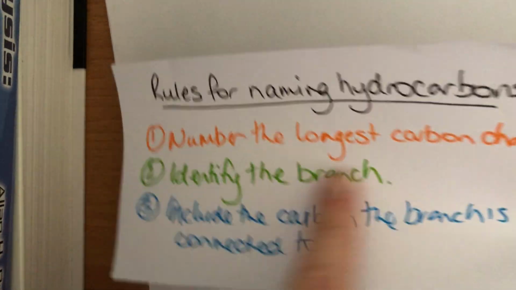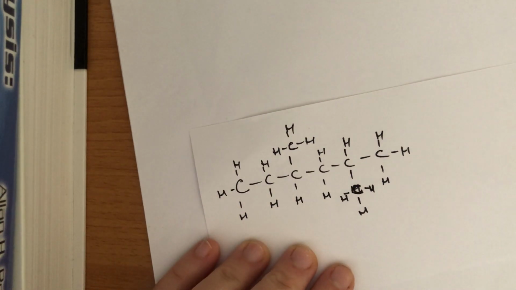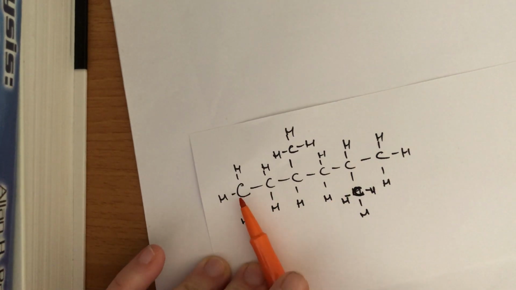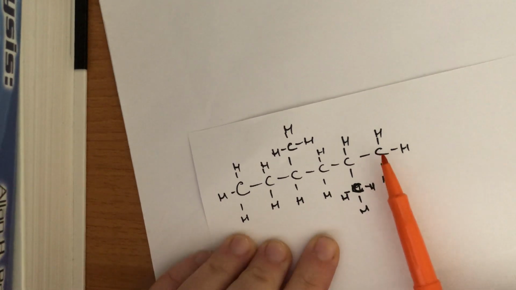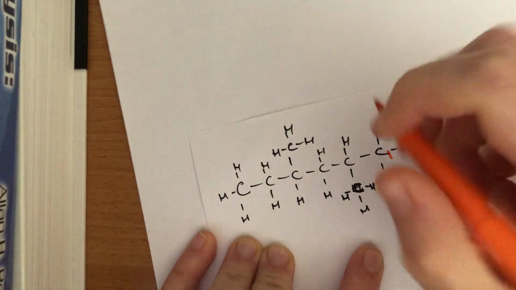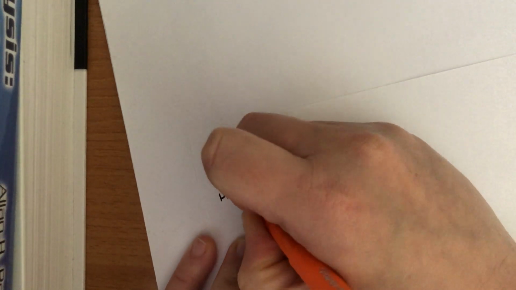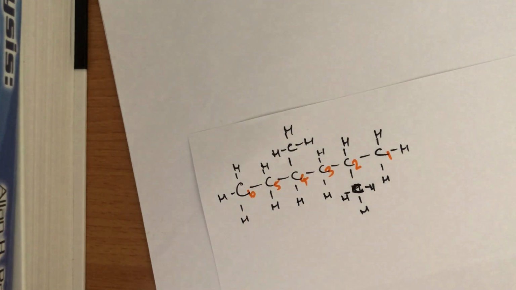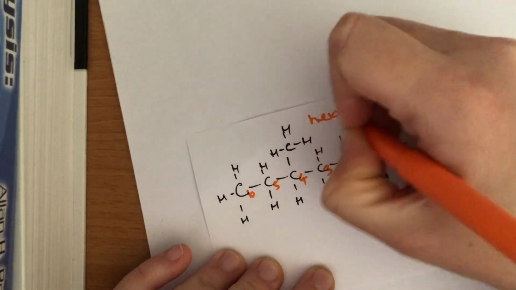In this case, we could number it this way, 1, 2, 3 when we get to a branch, or we can number it from this side, 1, 2. Because this is the lowest number and it's closest to the branch, so 1, 2, 3, 4, 5, 6. And 6 means that it's going to be hexane.